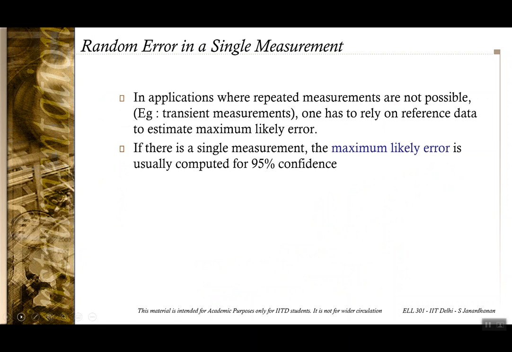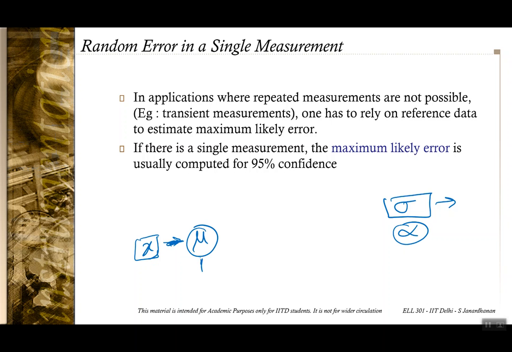And if you have an idea of the standard deviation of the true distribution, and also an idea of alpha, and you have a single measurement that comes out to be x, what is the error bound between x minus mu, without knowing mu?